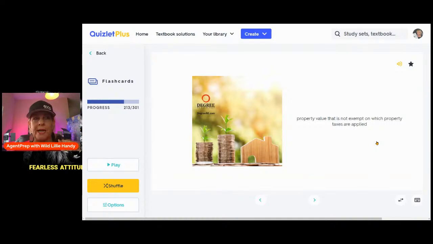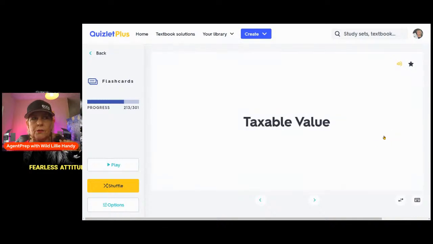So they have a lower tax rate. So that is taxable value. What percentage of the property that they own is taxable by the county to pay property taxes every year? And remember, a 100% disabled veteran is exempt 100%.